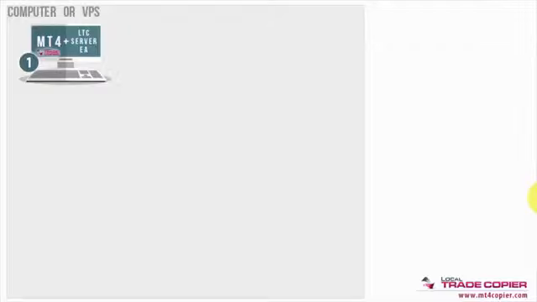So, let's say you have a computer and you get your MetaTrader account. You install the local trade copier, what's called the server EA. It's the first component of the software that needs to be installed on all the MetaTrader accounts you want to act as a master. So for now, we have one MetaTrader account and we want it to act as a master account.